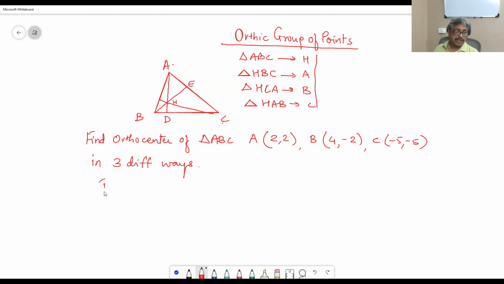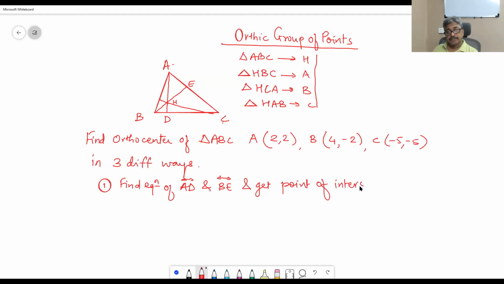So the first method is: find the equation of AD and BE and get the point of intersection. Maybe a little long, but we just do it by some other methods.